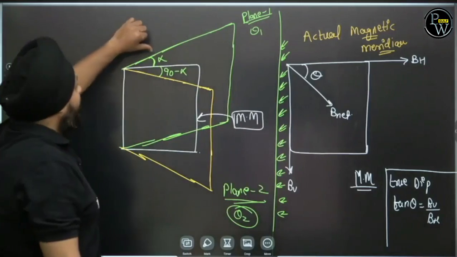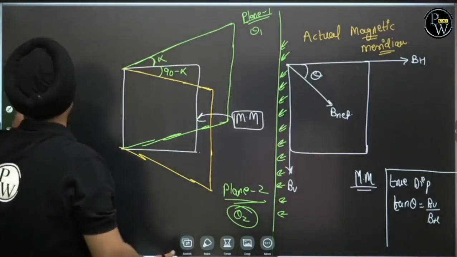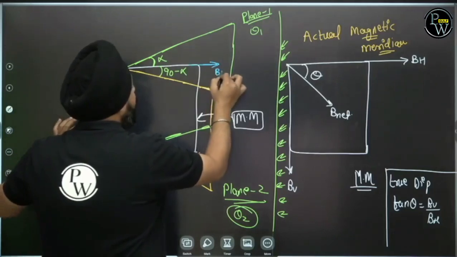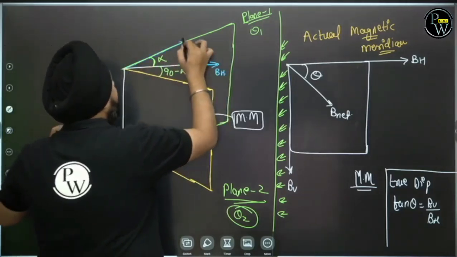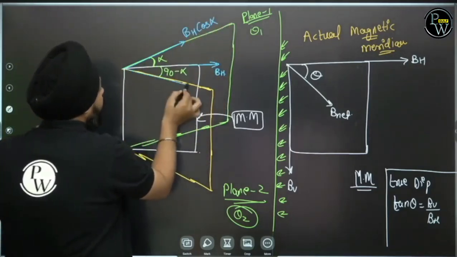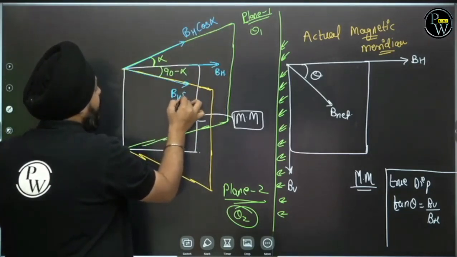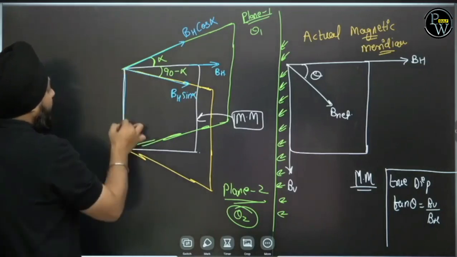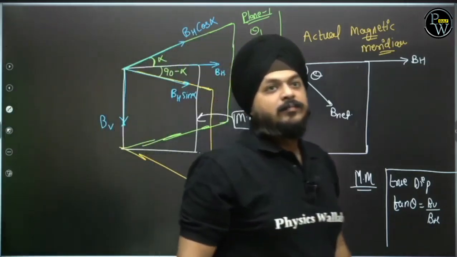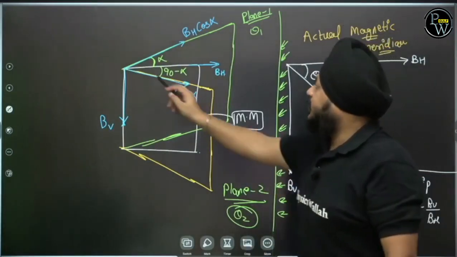So in this, one is alpha, second is 90 minus alpha. Suppose this is BH. Can I say this is BH cos of alpha, and this one is BH sine of alpha? The vertical component of the magnetic field remains same. This is the horizontal component.